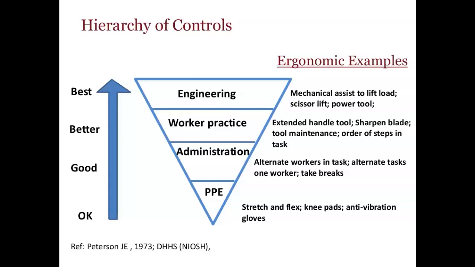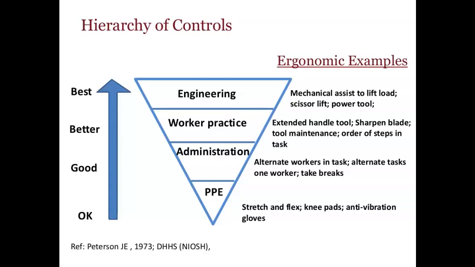The best control will be an engineering control, where we actually reduce the exposure by using a different device, an engineering device. Some of the ergonomic examples on your screen are a mechanical assist that might help a worker lift a load, or to use a scissor lift to raise a worker to a higher position so they no longer have to raise their arm up above their head.